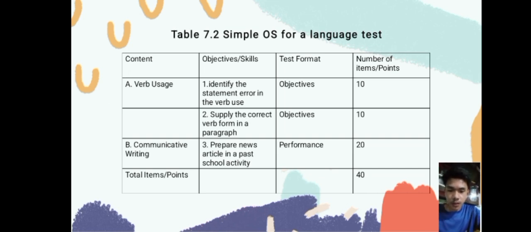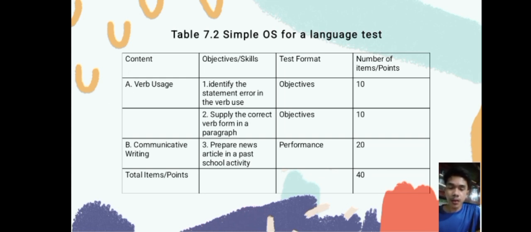So for the test format, two general types can be utilized: objective test items and non-objective or performance tasks. They are called objective items because they have a single right or best answer for every item, based on a key to correction prepared in advance. It is very understandable that an objective test item is based on fact.